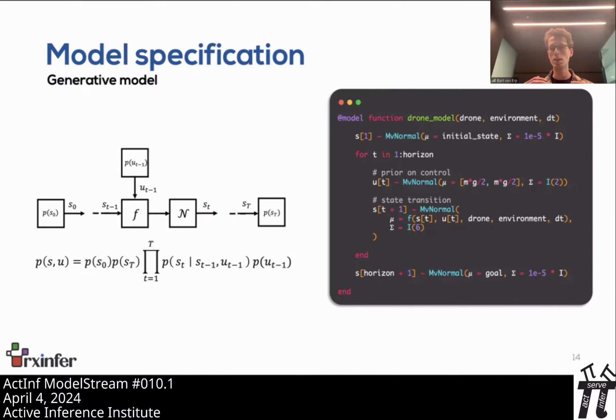Then finally, we finish up our model by putting this goal prior at the end. So at the horizon +1, because of the indexing, we're going to put the multivariate normal, whose mean is located at the goal, containing our goal position, the velocities that we wish to attain at the goal, the angle at the goal, etc., etc. And together these couple lines of code, effectively they're just 5, they create the generative model that's on the left.